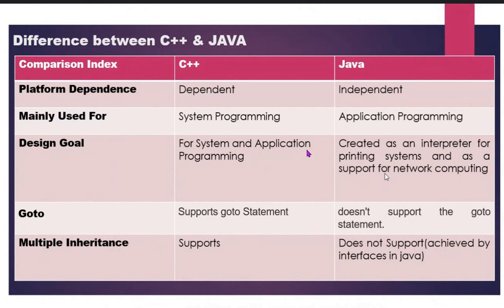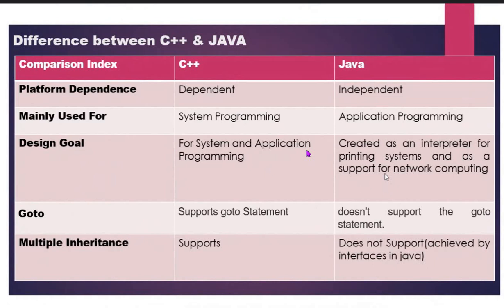System programming is programming or applications which run directly in the system. For example, the Android operating system in your mobile is a system program, running directly in the system. Beyond that there is no other software.